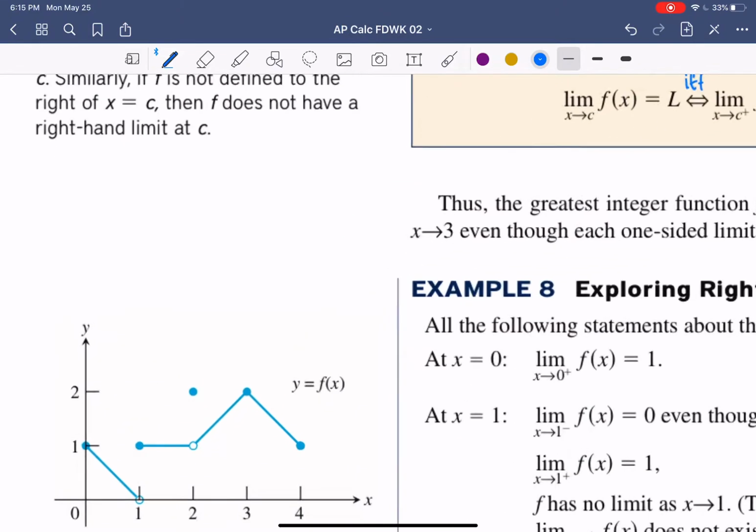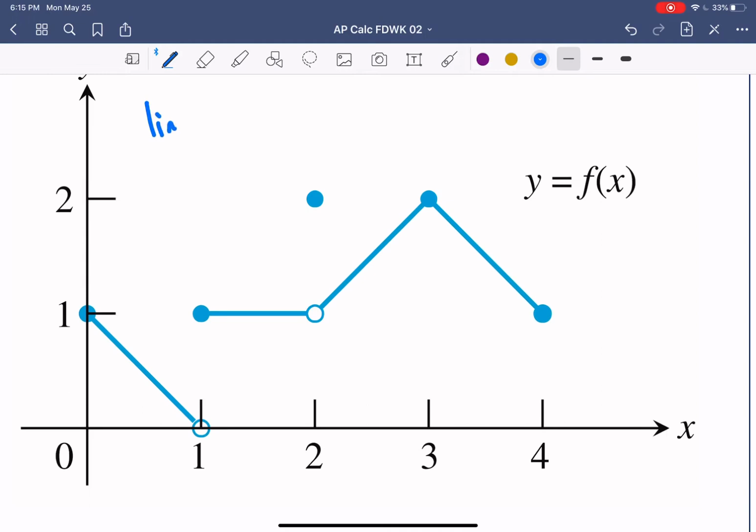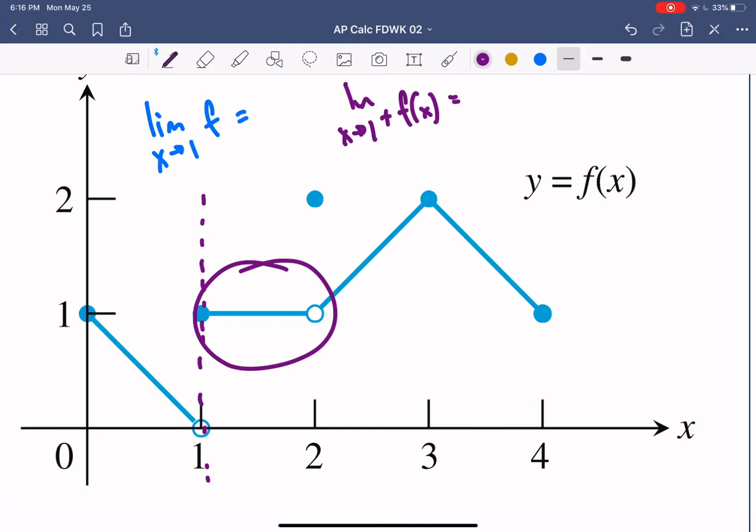So an example of a graph where we could do a lot of different examples, right? We can say the limit as x approaches 1. We want to know what that is. So we would do what I've been describing, right? We can draw a vertical line, and we can say the limit as x approaches 1 from the right of f of x. So we look on the right, that would equal 1, right?